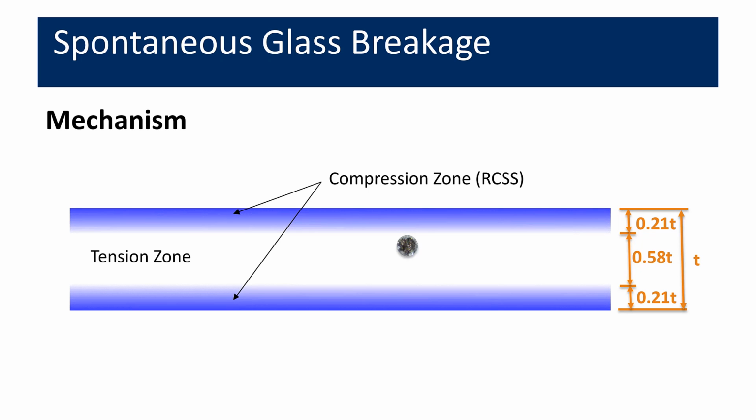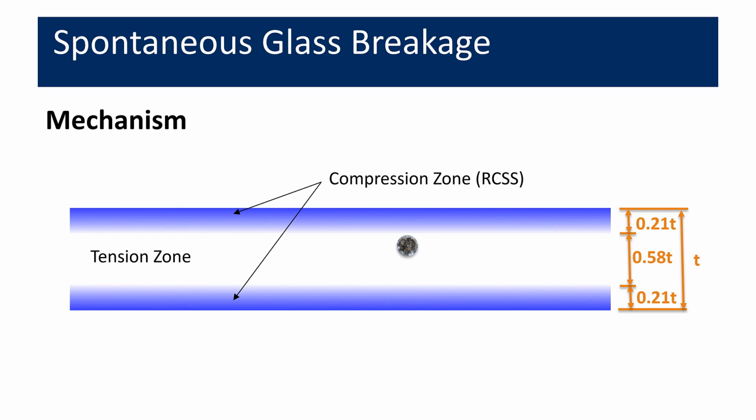And this nickel sulfide inclusion here, shown greatly exaggerated in size, exists in a couple of states. There's what's termed the smaller high temperature alpha form, and then there's the larger low temperature beta form. When the glass is quenched to create these surface compressions and tension zones, it essentially locks the nickel sulfide inclusion into its smaller high temperature alpha form.